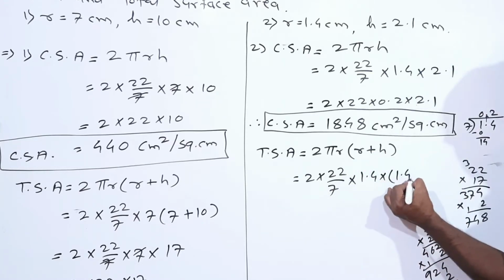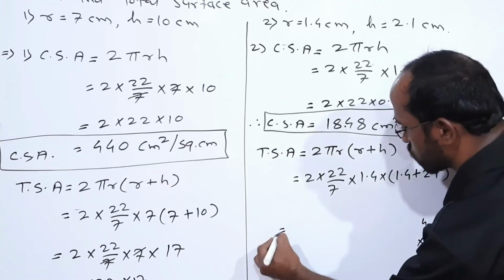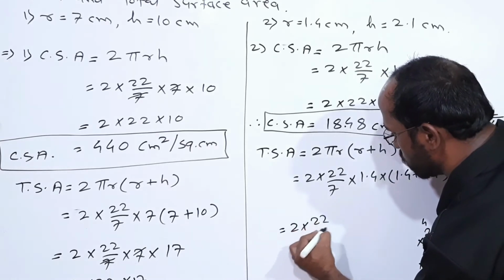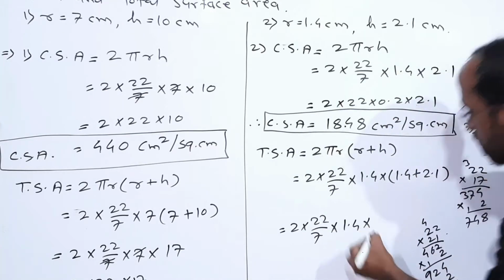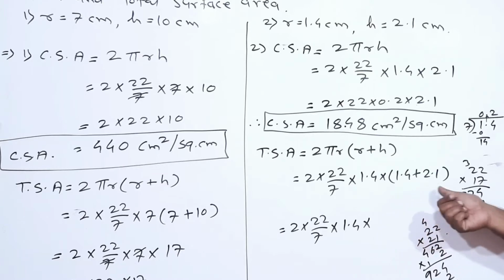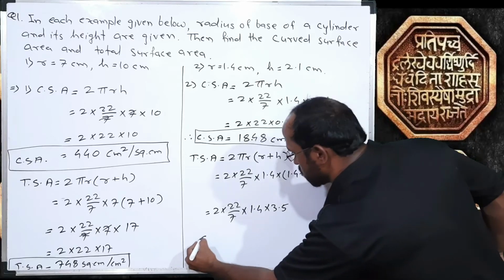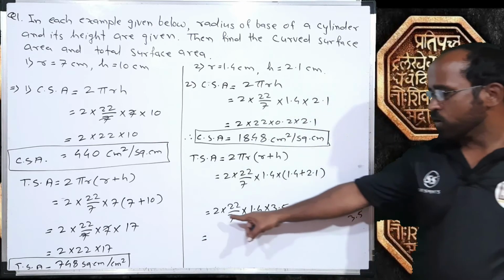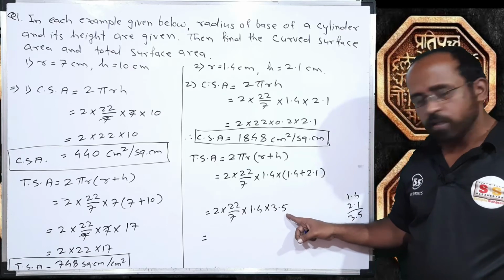So 1.4 plus 2.1. So that is equal to 2 multiplied by 22 upon 7 multiplied by 1.4 multiplied by, according to BODMAS, I have to solve this bracket first, 3.5. So this is equal to 2 multiplied by 22 upon 7 multiplied by 1.4 multiplied by 3.5.